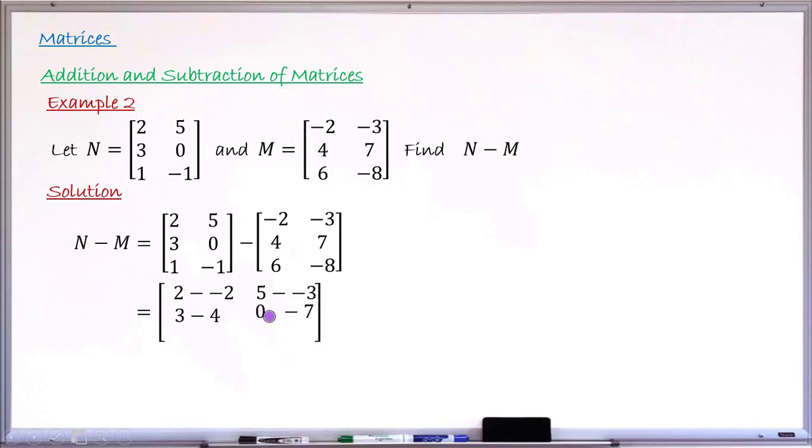Next, I'll move to the third row. I have 1 and 6 in corresponding positions, so I'm going to have 1 minus 6, and the last one is minus 1 minus 8.